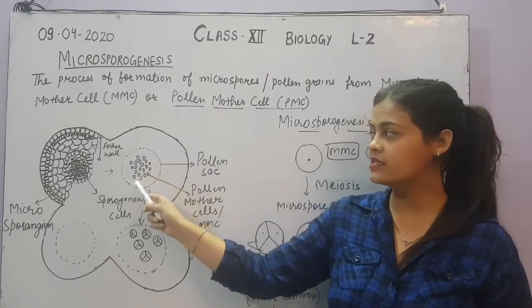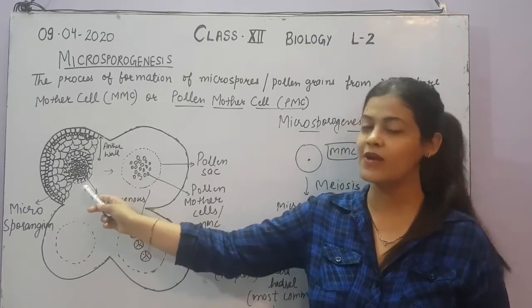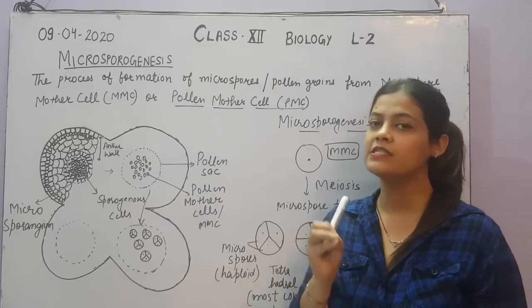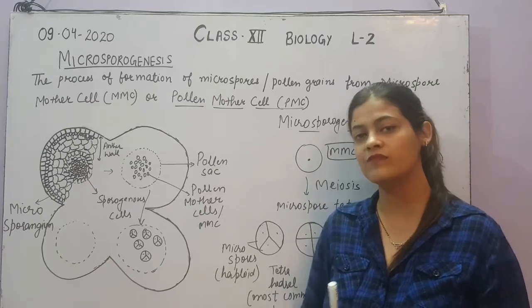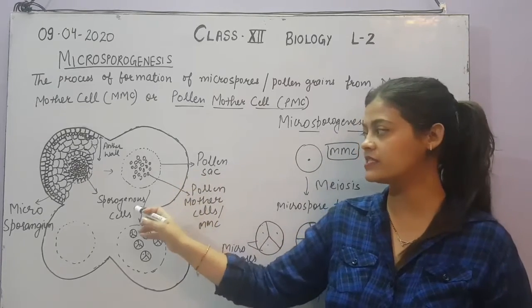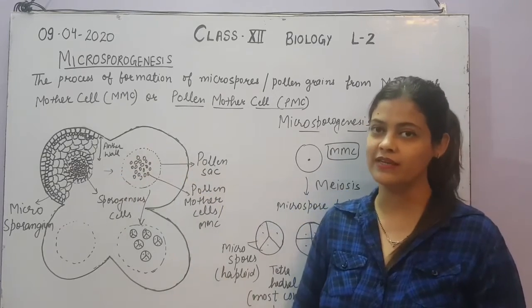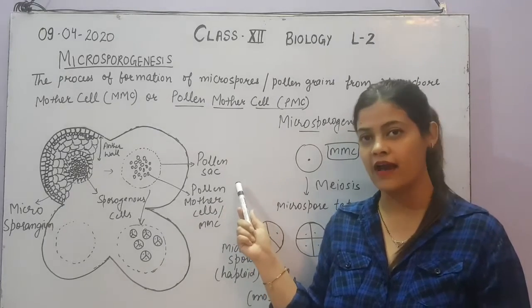Because the sporogenous cells inside the microsporangium, which are closely packed, will have some space between them, but the size of the cell will remain the same. Due to the space between these sporogenous cells, the size of the microsporangia will increase, and this will now be considered as pollen sac.